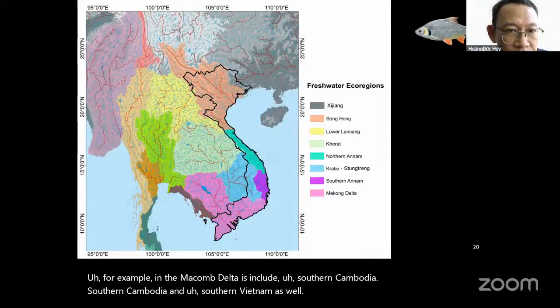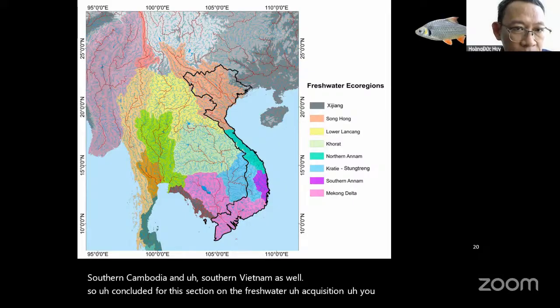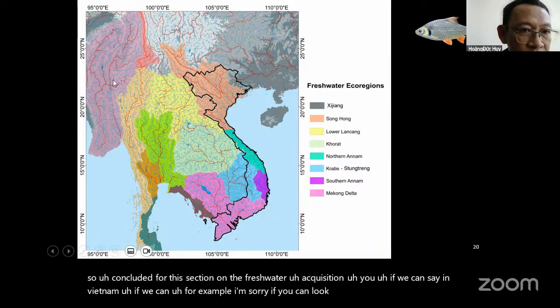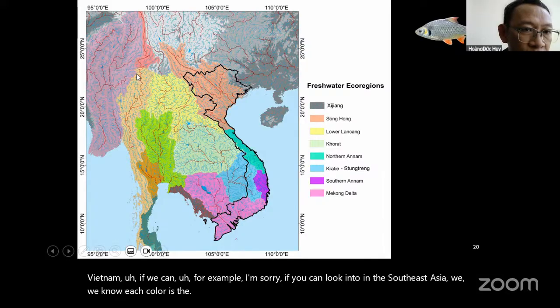So to conclude this section on the freshwater ecoregions, if you look at Southeast Asia, we know each color is a freshwater ecoregion.